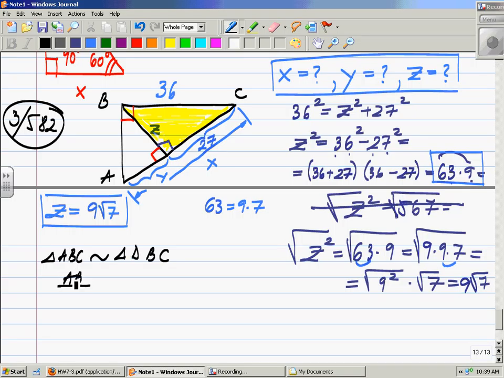AB over DB should be BC over BC, right? Is that right? Have we done it right? Hold on, this is D because I didn't put D. So hold on.